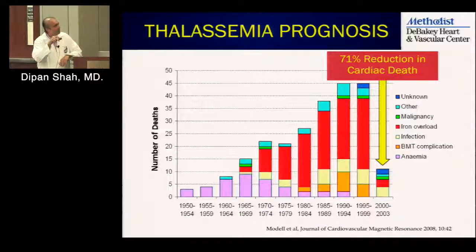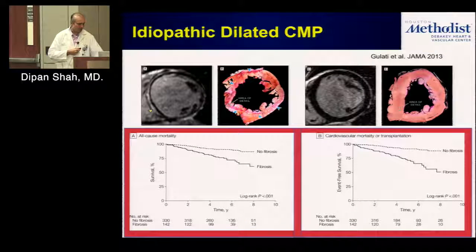All of a sudden, with the advent of this new technique to help guide therapy, you see a significant reduction in overall mortality, primarily driven by a reduction in the rate of death due to iron overload. So this may be a case where imaging is not only helping to make the diagnosis and provide prognosis, but may actually be helping to improve prognosis as well.